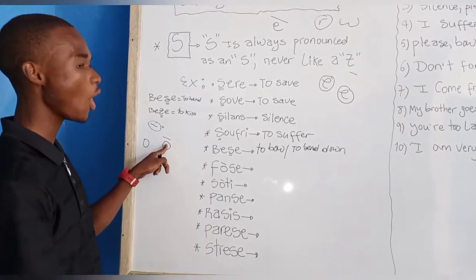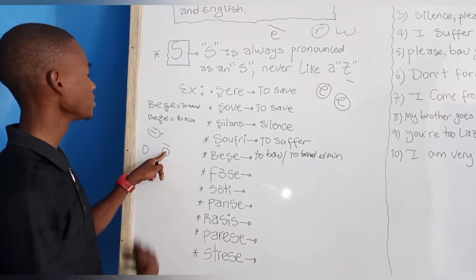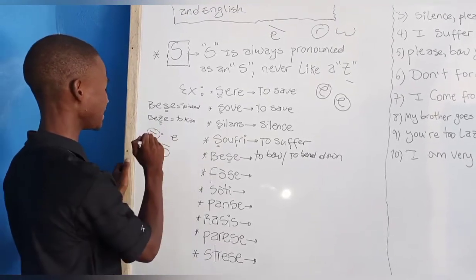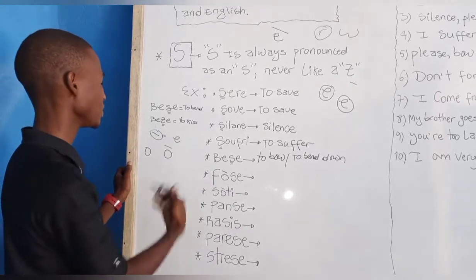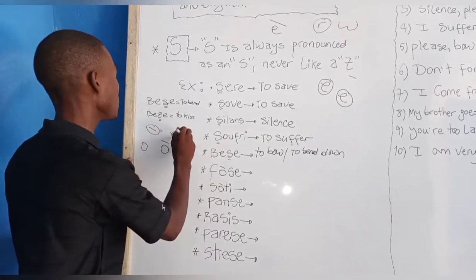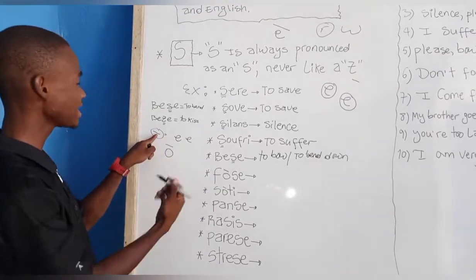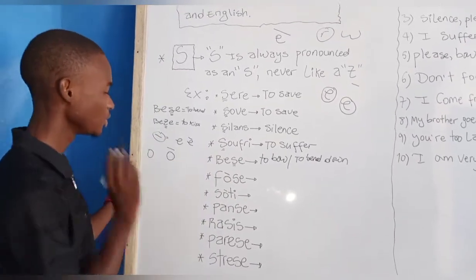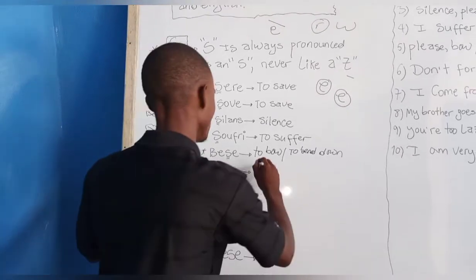The same goes for the letter A in Creole, E in English, alright? When we put the grave accent mark, we say E. Don't forget that. Forcer, which means to force.